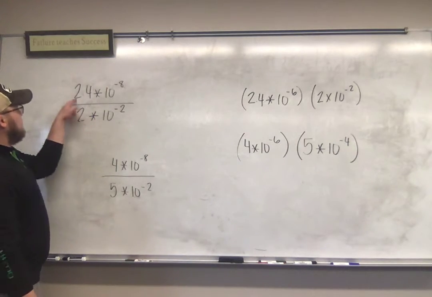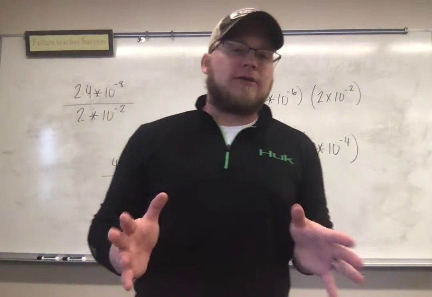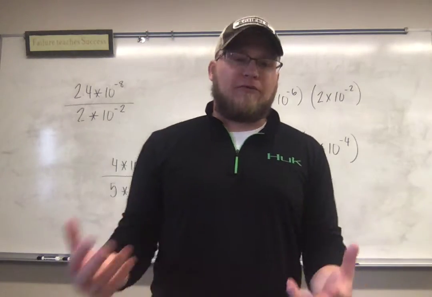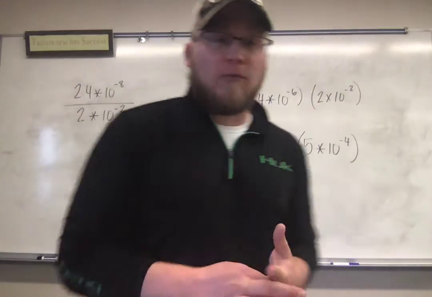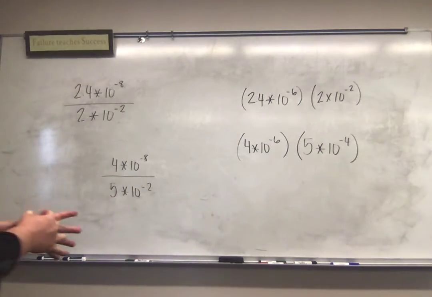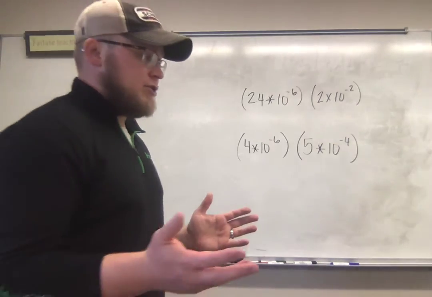The very first number has to be between 1 and 10. So if it's not at the end when you get your answer, make sure you go through that and we'll fix it, which you'll see here in the examples. We're just going to perform these 4, and then I'll let you get going on them. But that's the first thing. The first number has to be between 1 and 10, okay? And then there's really just 2 steps to doing this.